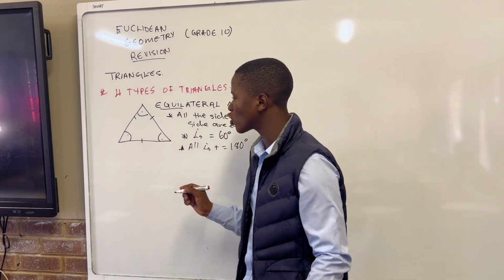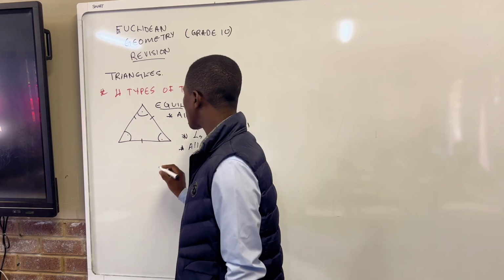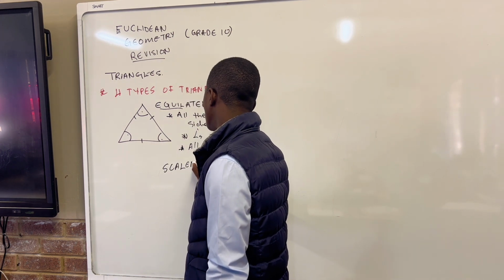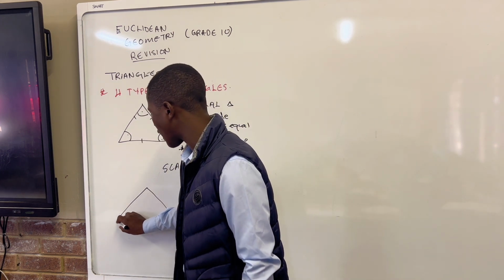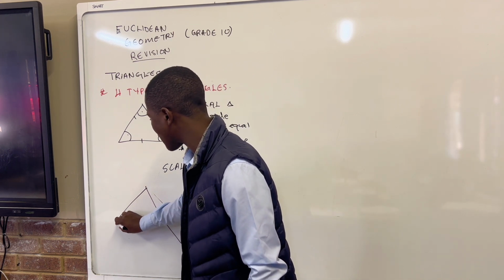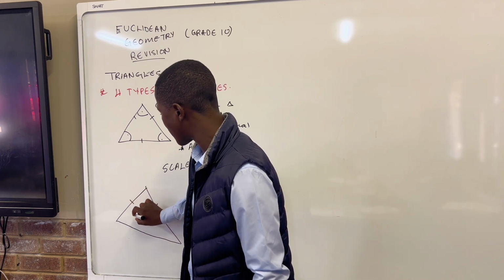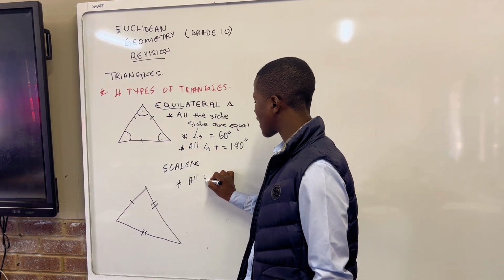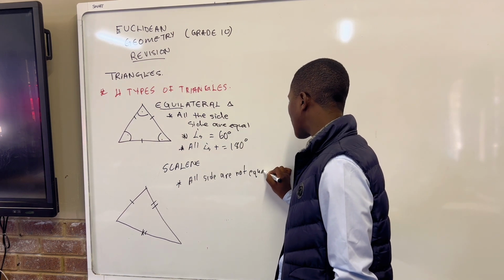So the next one that we are going to examine is your scalene triangle. Your scalene triangle is basically that particular triangle where all the sides are not equal. Right? This side and this side and this side, all your sides are not equal, and all the angles are not equal.